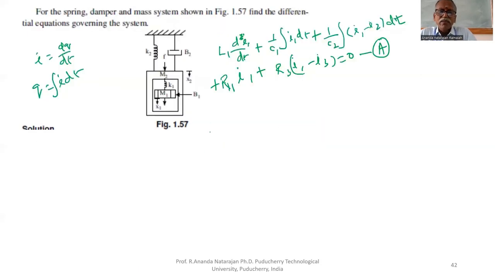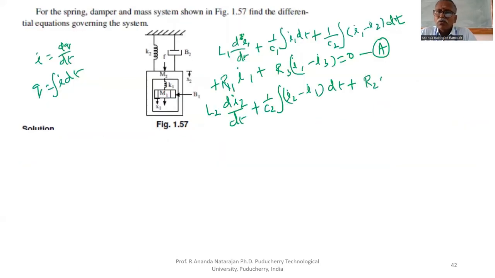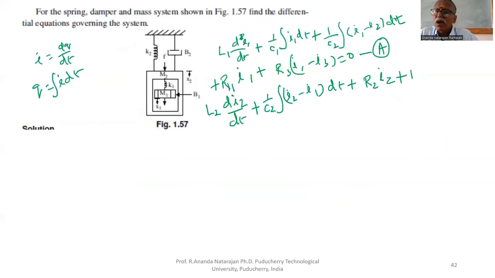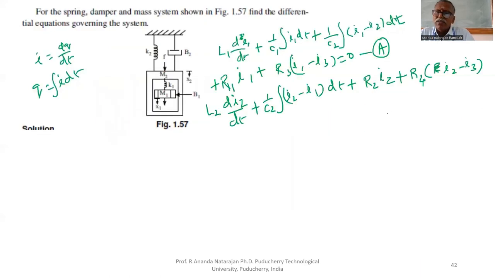For second, L2 di2 upon dt plus 1 upon C2 integral of (I2 minus I1) dt plus R2 I2 plus R4 (I2 minus I3) equal to V of t.